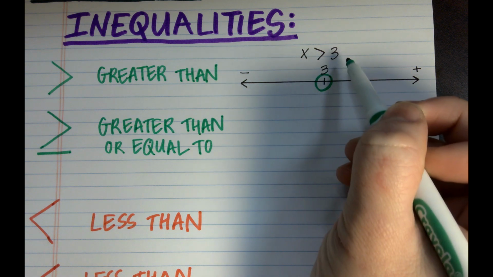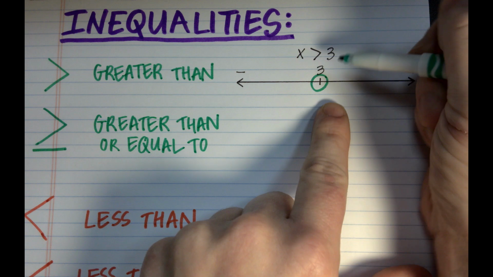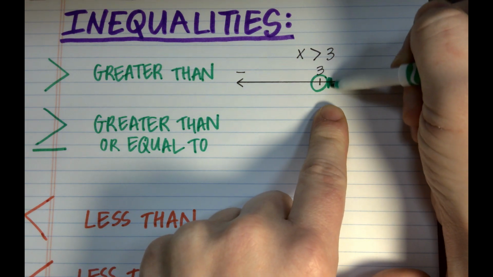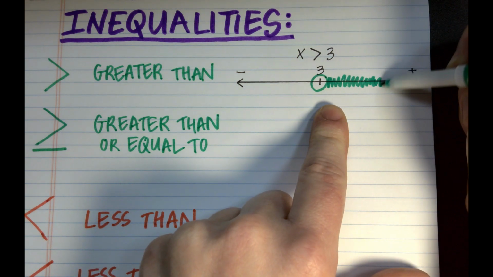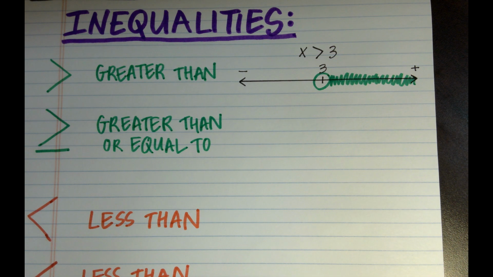X can't be 3. It can only be bigger than 3. So to show that x is bigger than 3, we're going to shade all the numbers bigger than 3. Just like that. And that's how you do it. That's your graph. I think they're fun to draw, personally. So, you know, whatever you think.